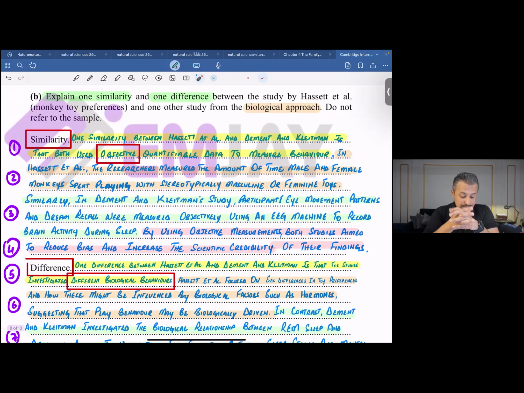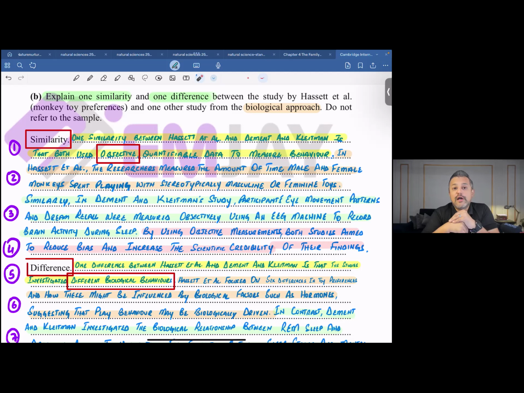A few things before I end this. Are we always going to get a similarity and a difference question for a typical 8-marker? No. If you have a look at the recent past papers, you see these questions have been there as part of papers more often.